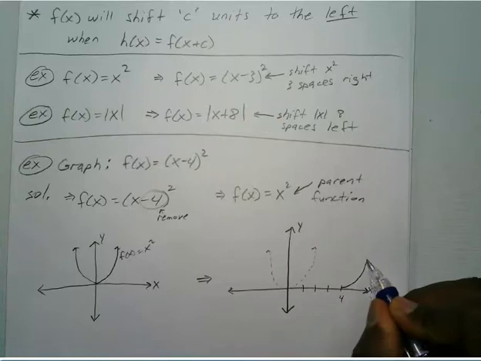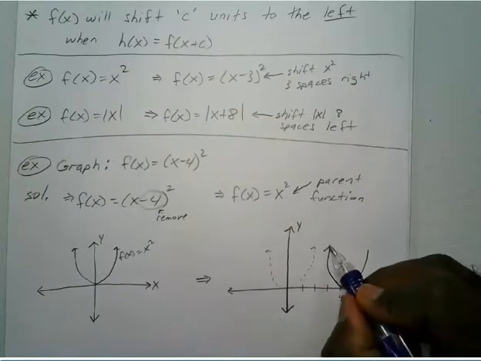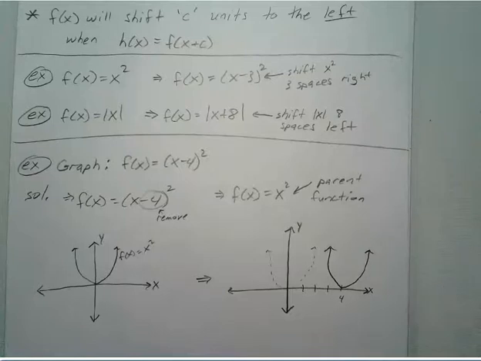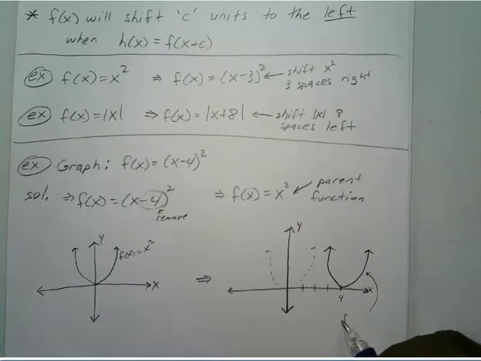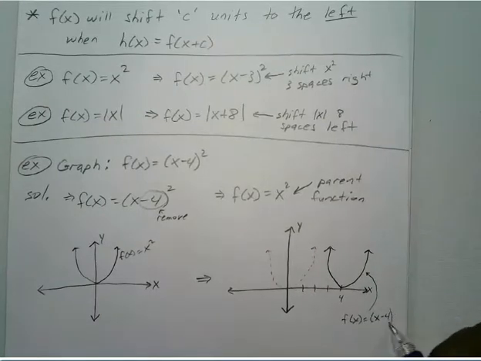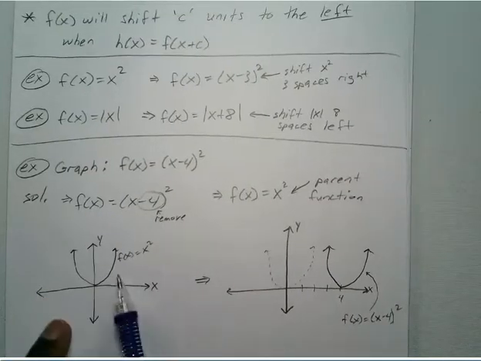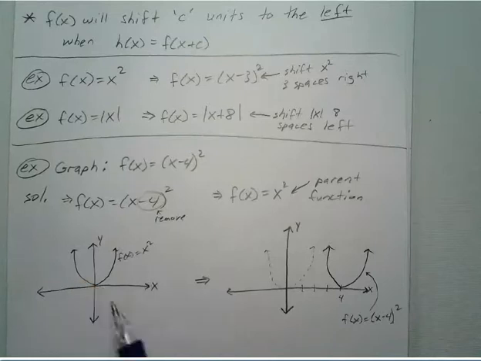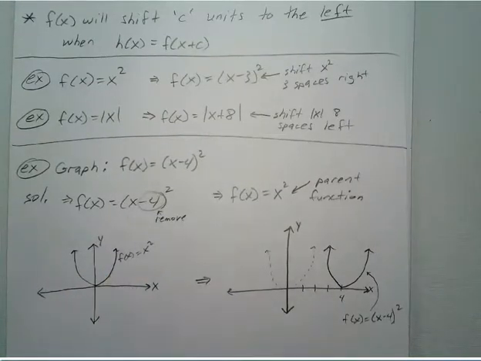So this entire graph just looks like this. This is your graph of f of x equals x minus 4 squared. All we did was get our parent function and shift the whole thing. It's almost like we picked it up and just moved the whole thing over 4 spaces.